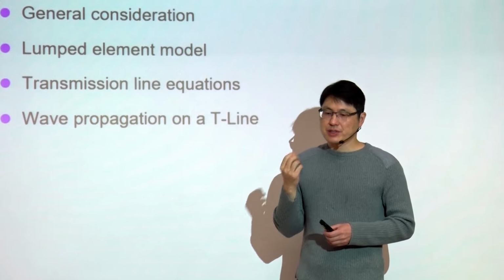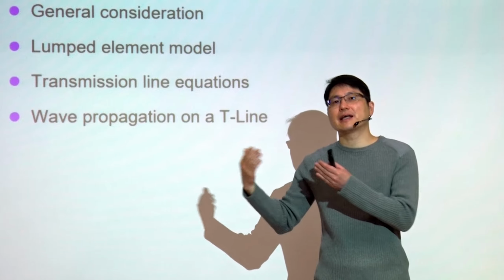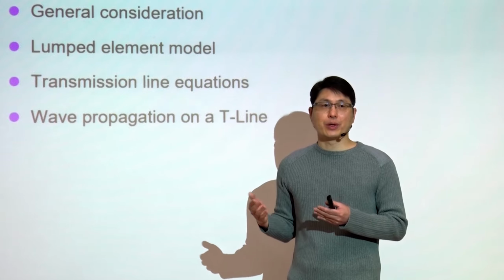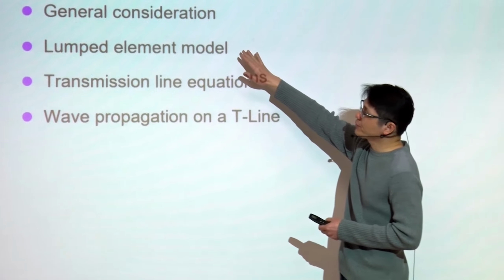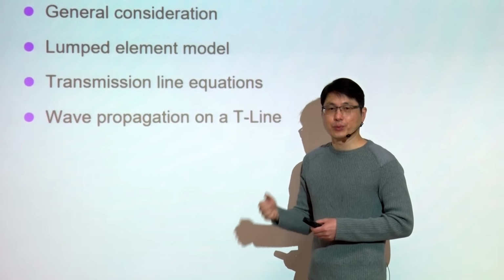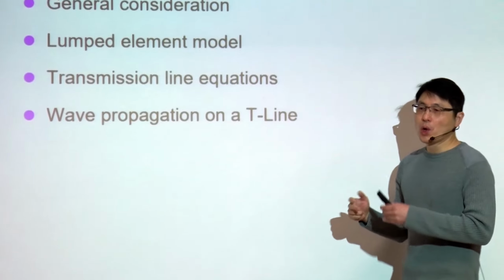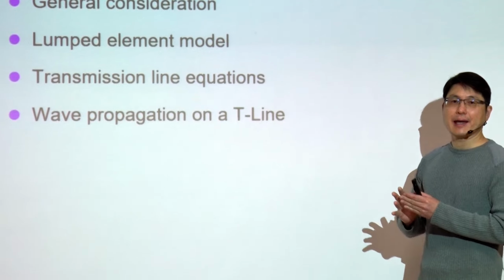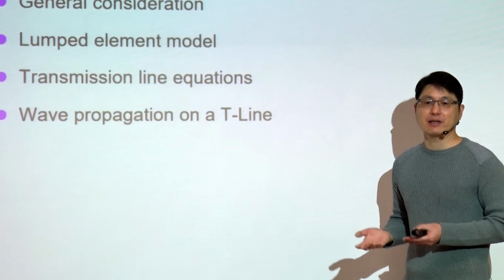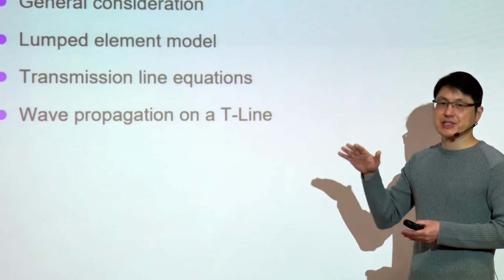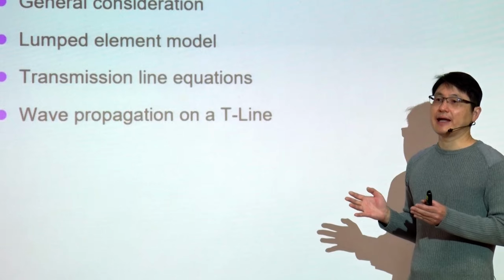I want you to understand the difference between a transmission line and a conventional circuitry that you already learned last semester. Then, starting from something you know already, resistors, capacitors, inductors, we can construct a model for transmission line, which might seem difficult now, but after you understand it, you can mathematically formulate it and solve it.